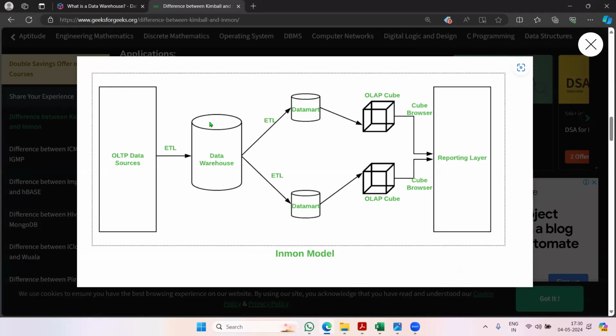If each department is preparing their own data marts, what we observe is a chance of redundancy, right? The marketing team creates an employee table, the manufacturing team creates an employee table. That means you have two employee tables with repeated data within the organization.